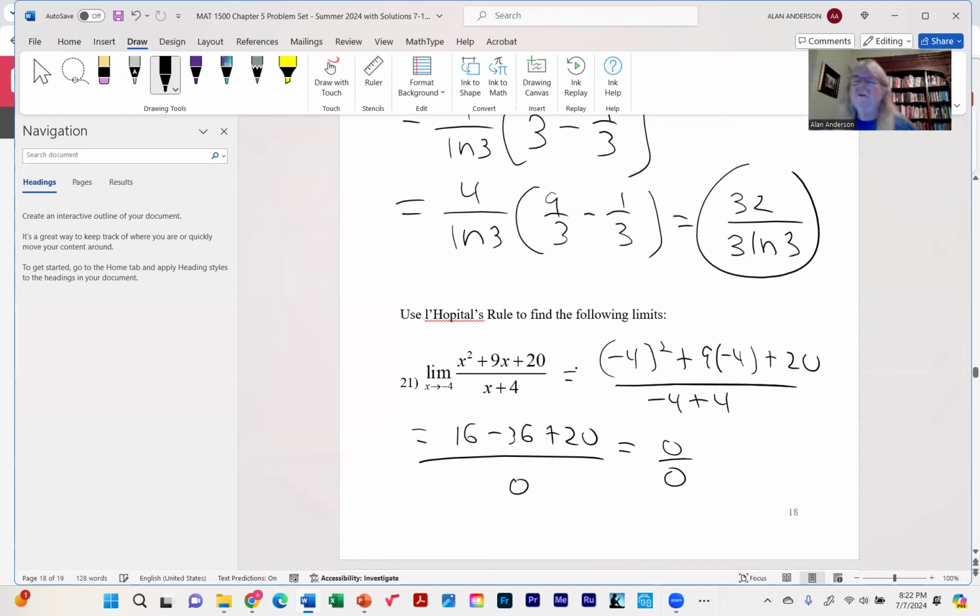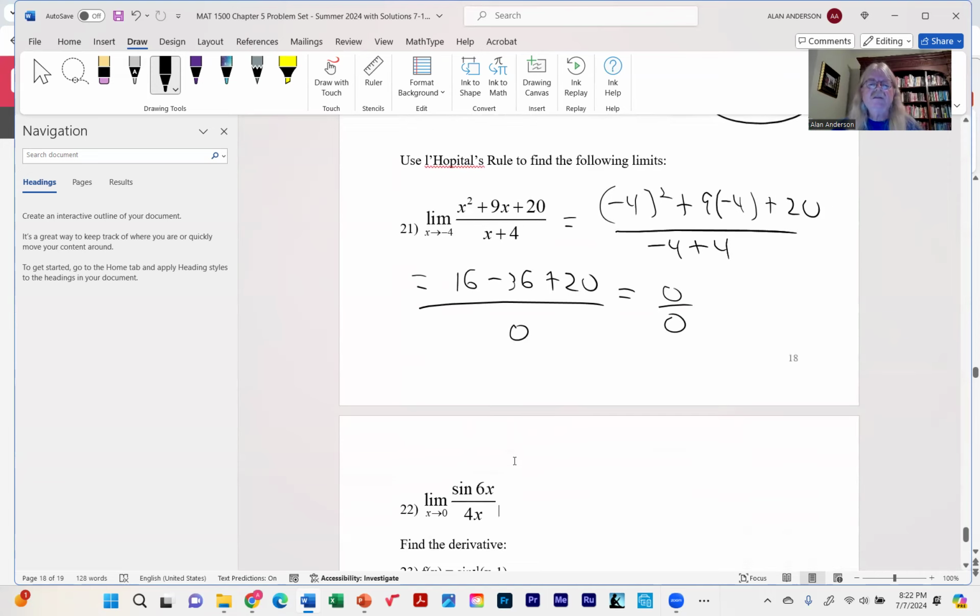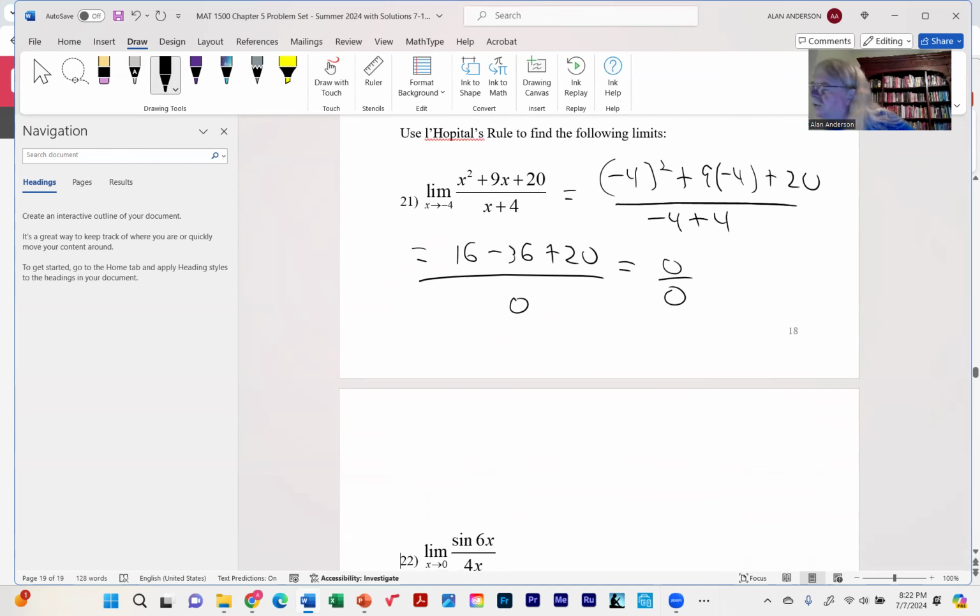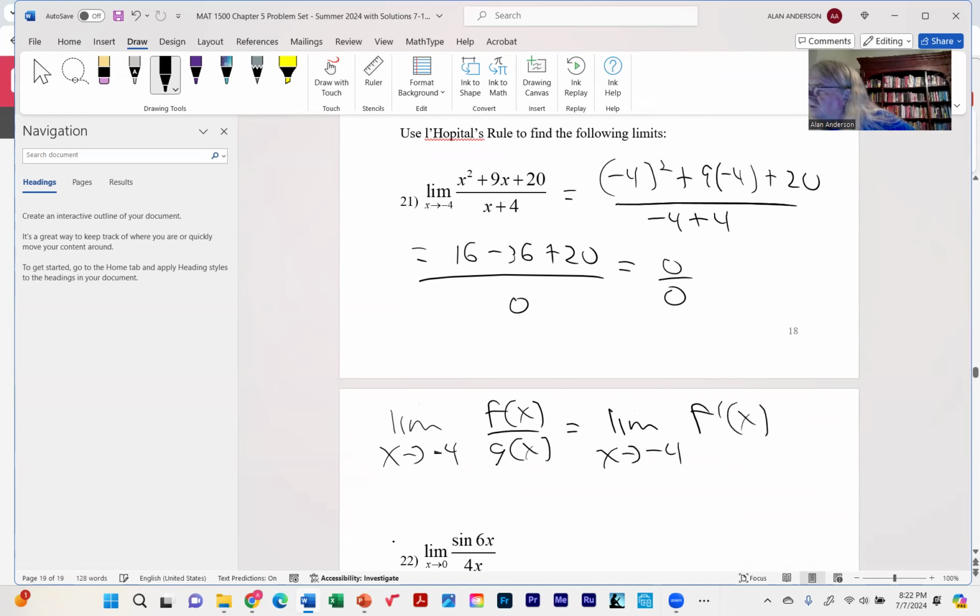Okay, so that is one of the indeterminate forms that, when it results, we are allowed to use L'Hopital's rule, which means that instead of this ratio, we replace it with the derivatives.